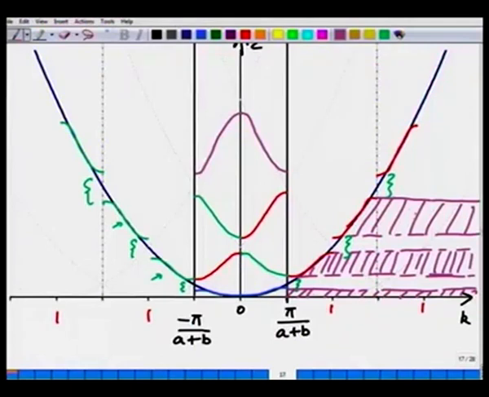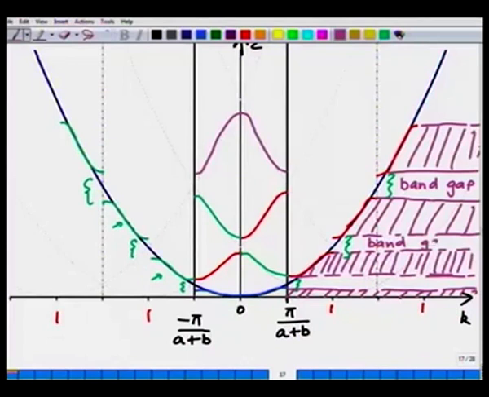These are allowed values of energies. Then similarly from here on to somewhere here is an allowed value of energy, and in between are the band gaps. This is the band gap. Right here is also another band gap.